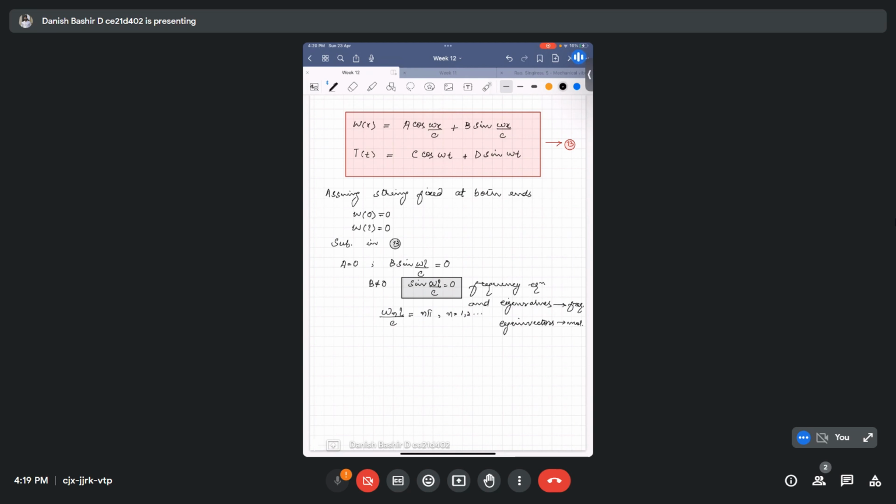So this is the nth natural frequency of our problem, or we can write omega n clearly as n c pi by l. We derive the natural frequency of our system, for the free vibration problem, as n c pi by l. So this is the natural frequency.